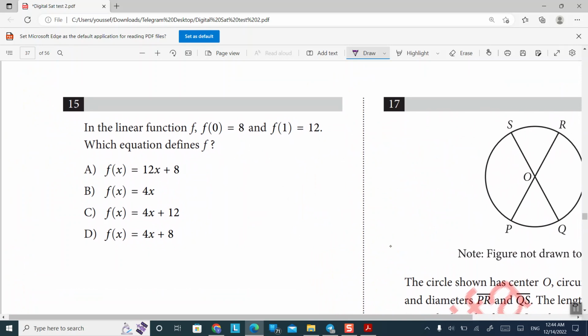Here it's asking, in the linear function f, f of 0 is equal to 8 and f of 1 is equal to 12, which equation defines f? So here it's testing the ability to write a linear equation using two given points.